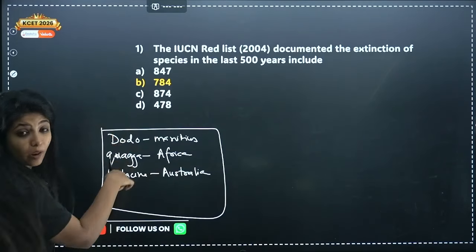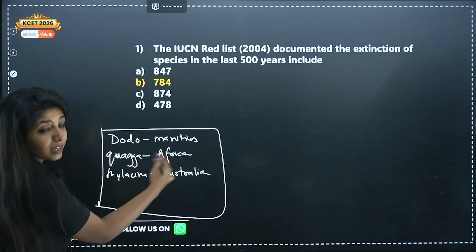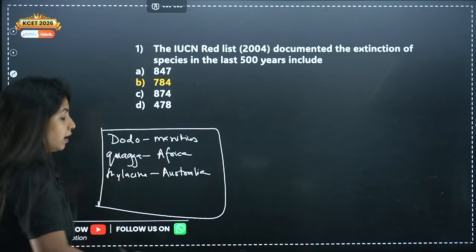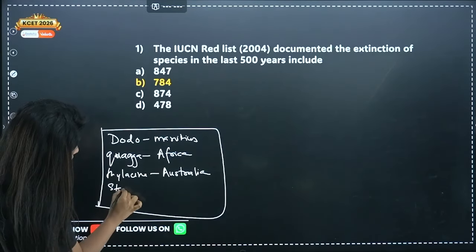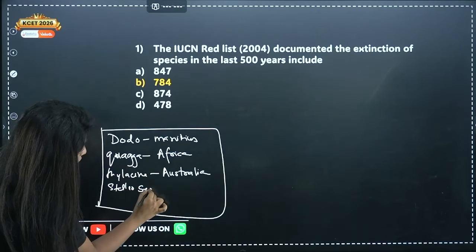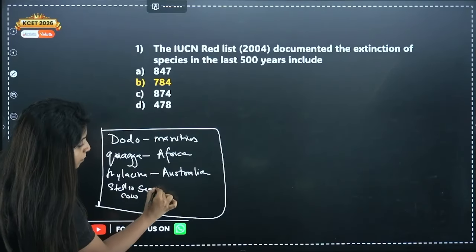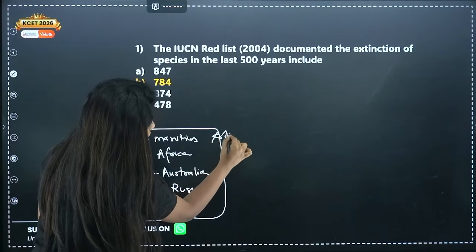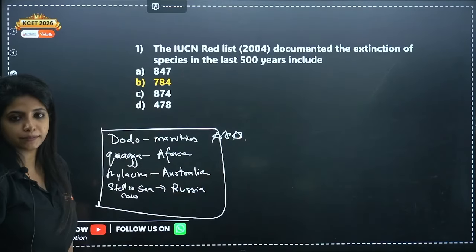They are all extinct organisms, okay? You need to remember their places also. Thylacine. And then what else do you have? You have the Steller's sea cow, which got extinct because of overexploitation. Remember, it's from Russia. So please remember this particular list. This is super, super important.